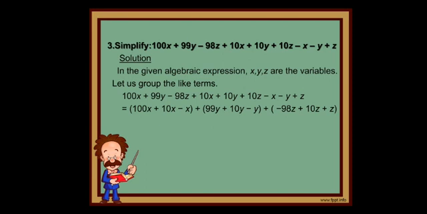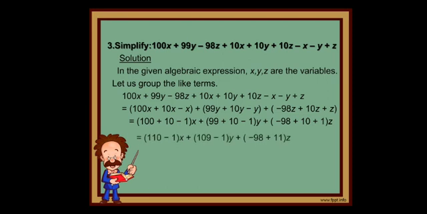Now you know how to add like terms, right? Add the numerical coefficients and write the variable. 100 plus 10 minus 1 into x, plus 99 plus 10 minus 1 into y, plus minus 98 plus 10 plus 1 into z.